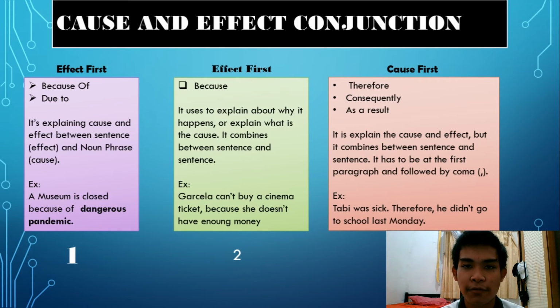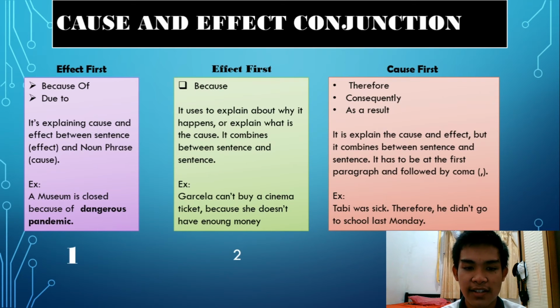So after we have learned the basics, now we will get to the topic. The first is cause and effect conjunction. There are several conjunctions of the cause and effect. For the first is because of and due to. It is explaining cause and effect followed by a sentence and a noun phrase.